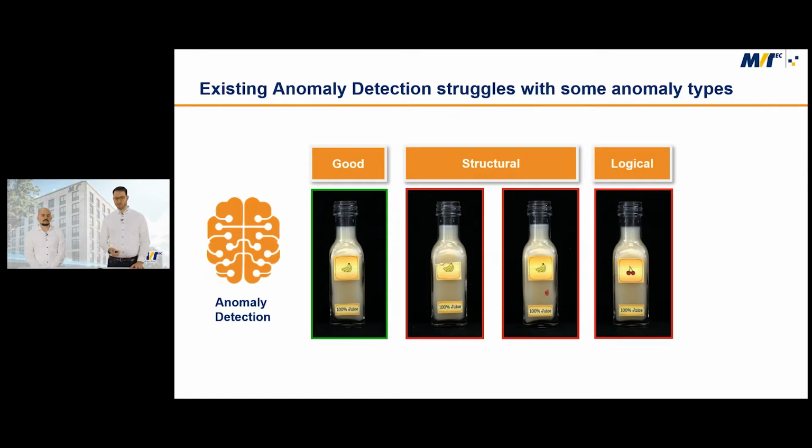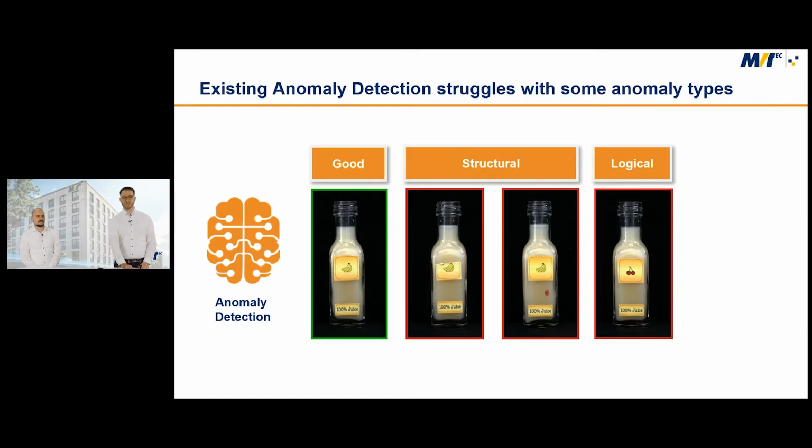And then again, we looked at this. We have our good images like this, and we have structural anomalies and logical anomalies. Structural, the label is ripped, or we have a weird red dot on the glass. And logical would be here, we have banana juice, but with a cherry label.